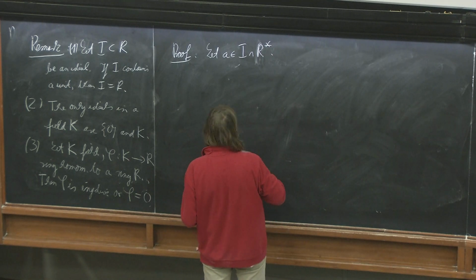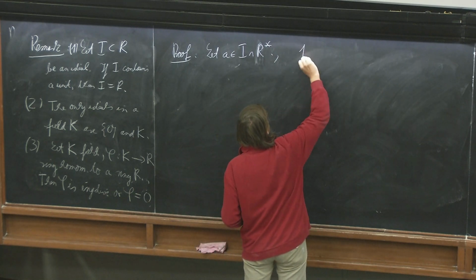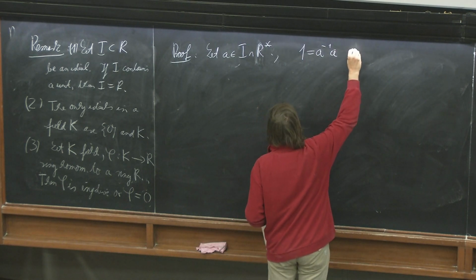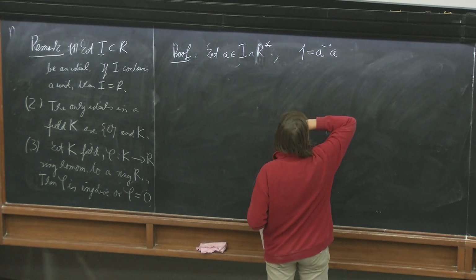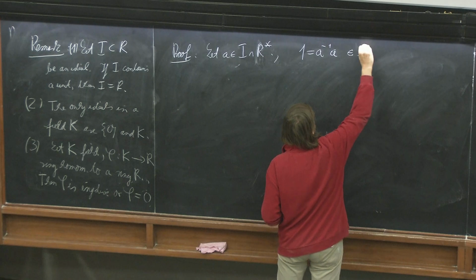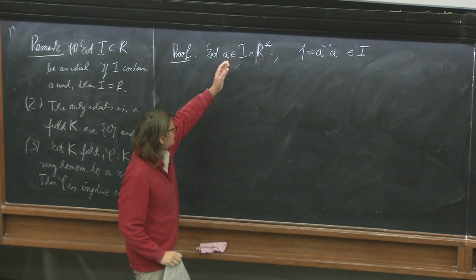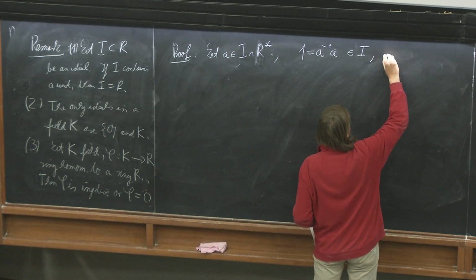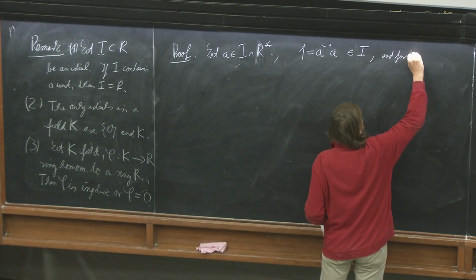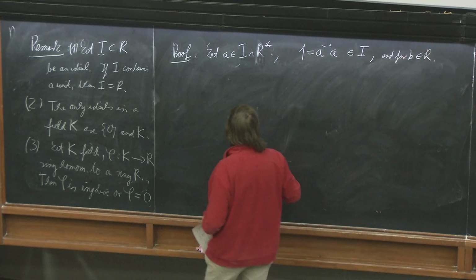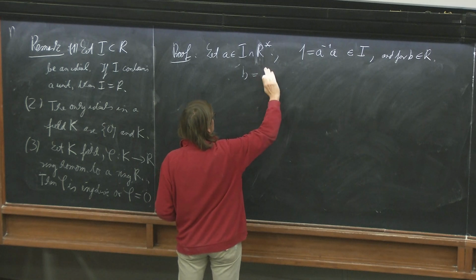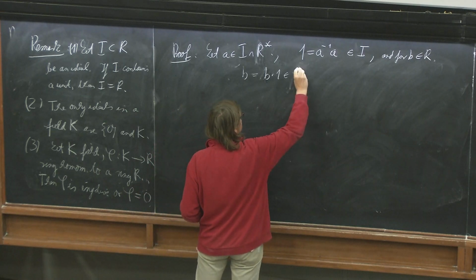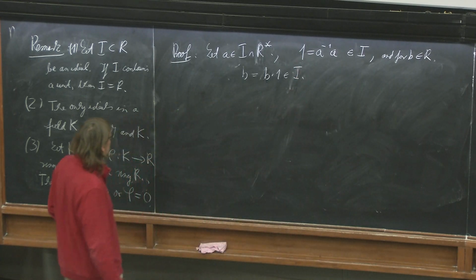Then we have an inverse, so we can write 1 as a to the minus 1 times a, and therefore it is also an element in I, because a was in I. So for any element b in R, we have b times 1 in I. Okay, so this is trivial.